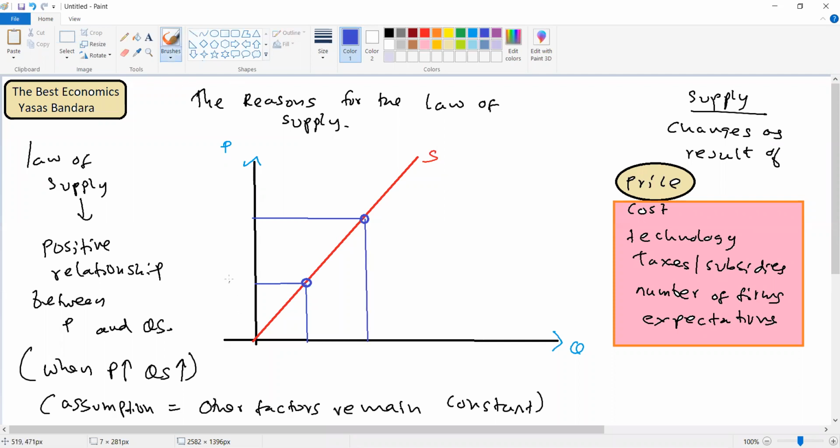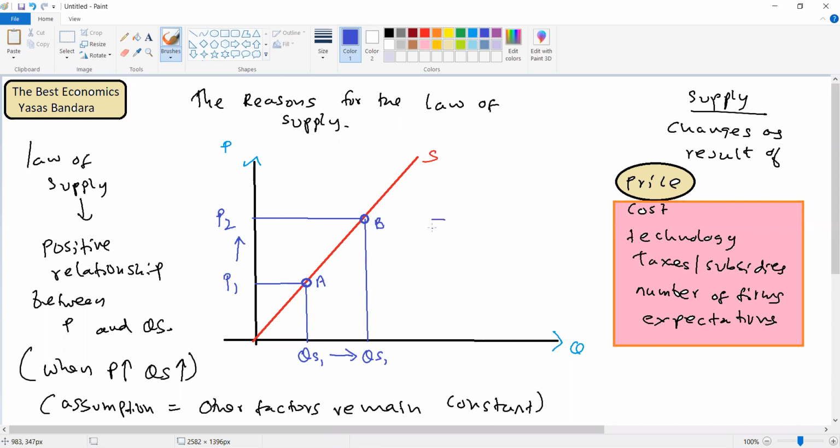So you can see this is P1 and P2 and then QS1, QS2. So what happens when price increased, quantity supply also increased. That means there's a movement from point A to point B.